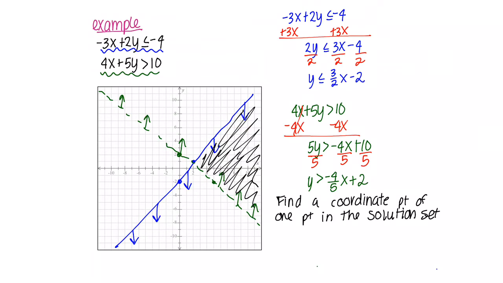So I like to choose something that's very safely in the region, like this guy right here. This is the point 10, 0. So you could just say 10, 0. But any point in that region will work.